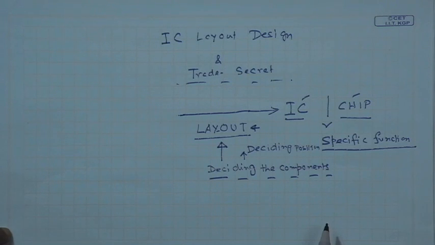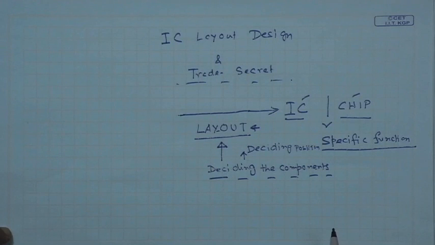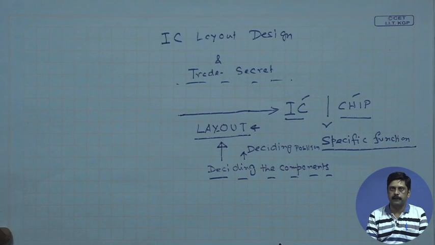Intellectual contribution is involved in the creation of IC and chips, and the layout is the intermediate step to create the IC and chips. So major intellectual involvement happens in the creation of the layout, because you create the layout based on the functionalities, then you decide a particular fabrication method to fabricate that IC or chips.